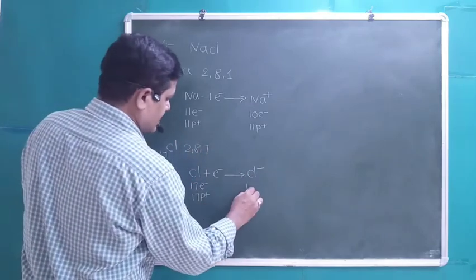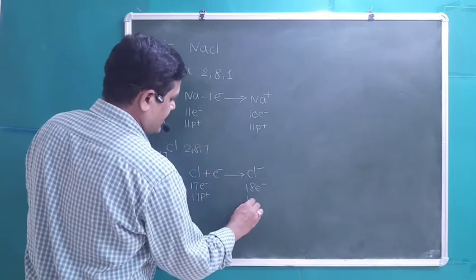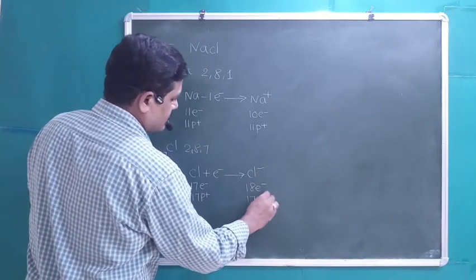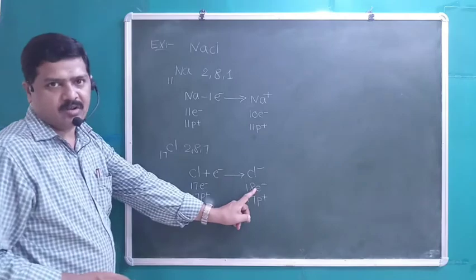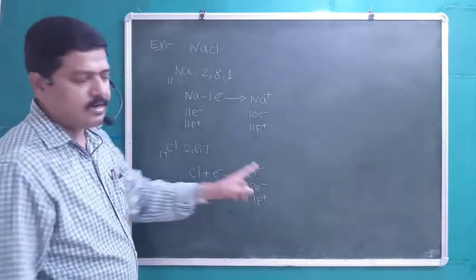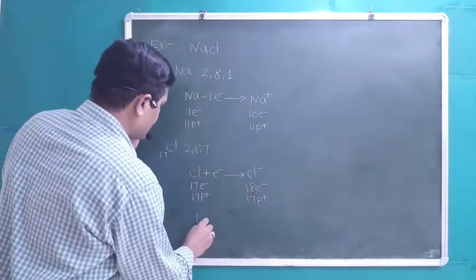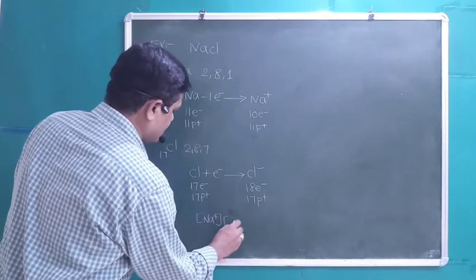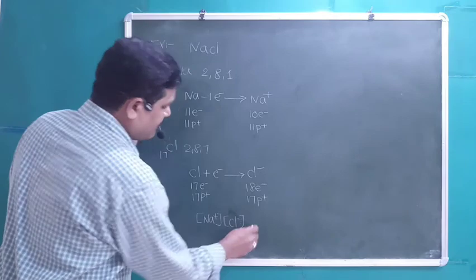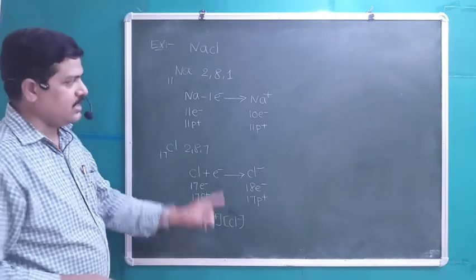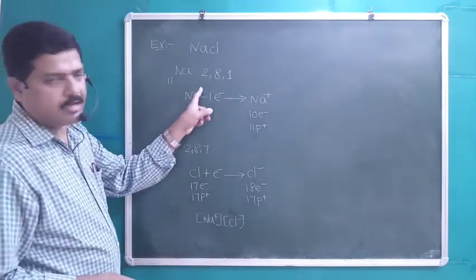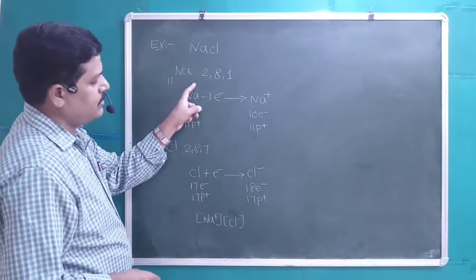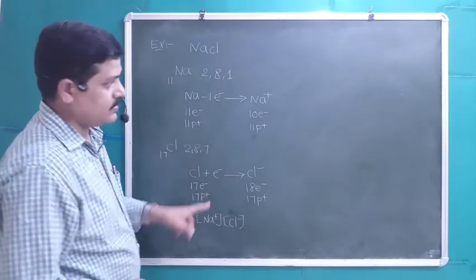Now it has 18 electrons and 17 protons. Due to 1 excess electron, it attains 1 unit negative charge. After that, there is a strong electrostatic attraction between the oppositely charged ions. Here, the complete transfer of electron takes place from the sodium to the chlorine, right?